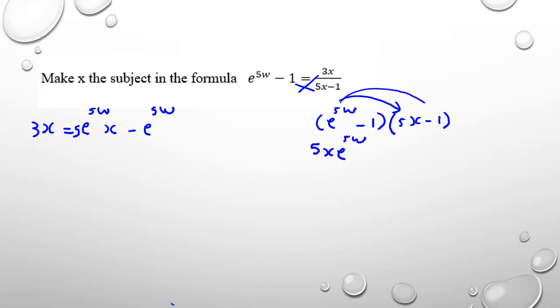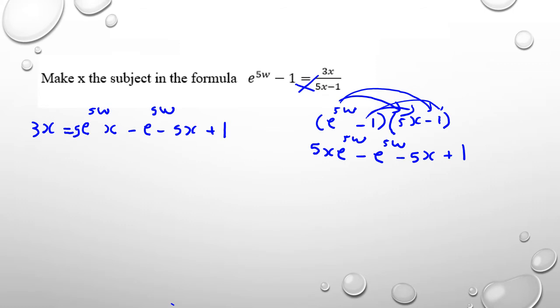And then you would multiply this, which is negative e to the power of 5w. Then you would go with this one here, negative 5x, and then negative 1 times negative 1 is positive 1. There are no like terms in here, so you can't simplify it any further. So I'm just going to rewrite it.